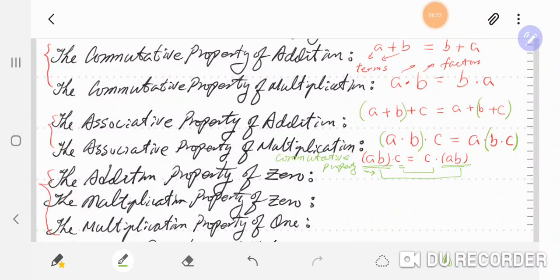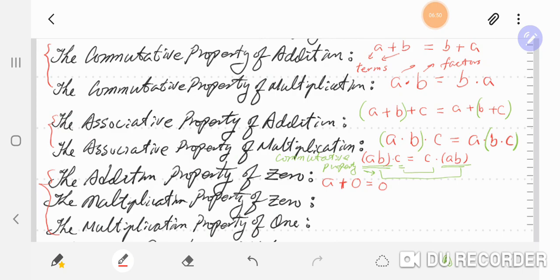All right. The addition property of 0: the expression is an addition, and we want to add 0 to the expression. Here is expression A, and then plus 0. So A is added by 0. Then what is the result? The result is A, the number itself.